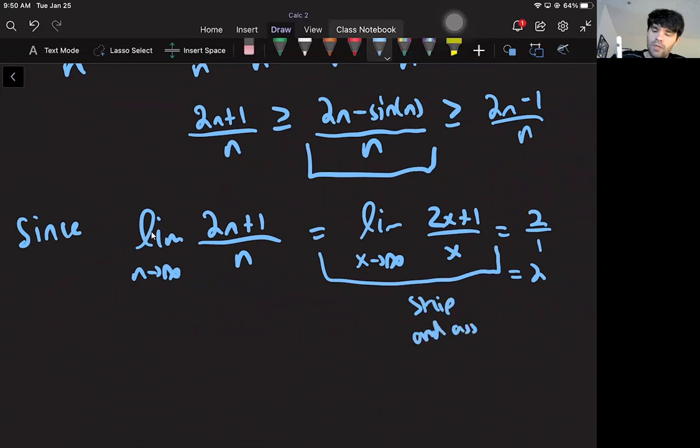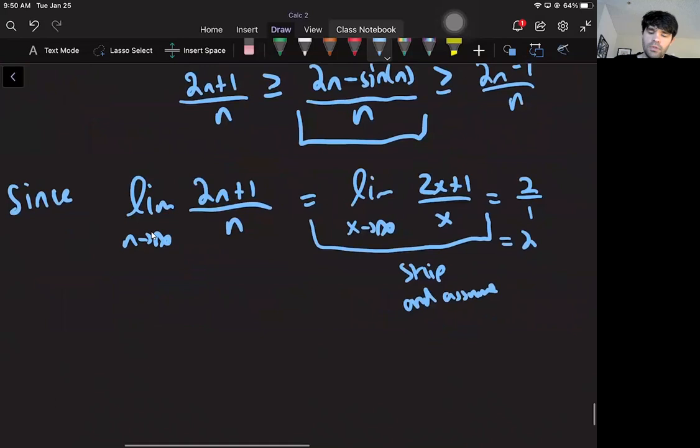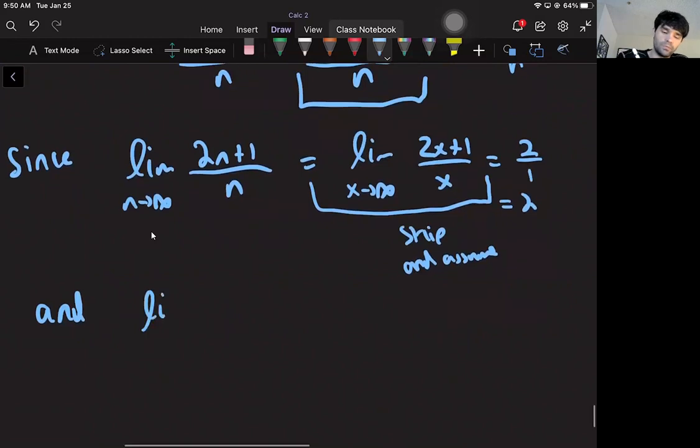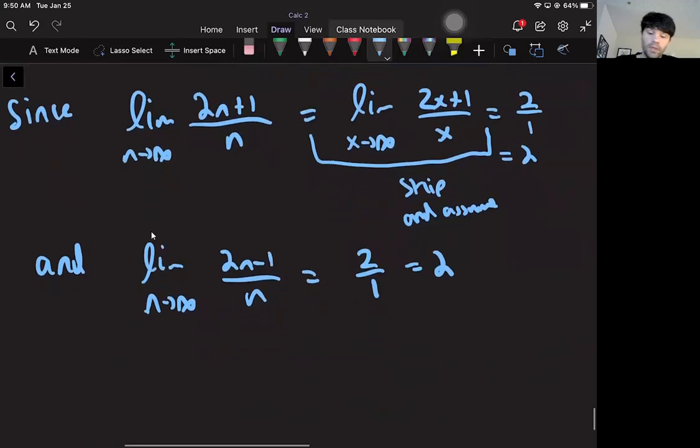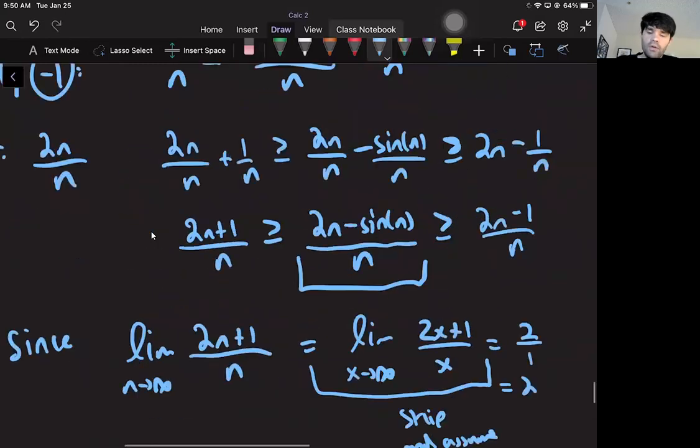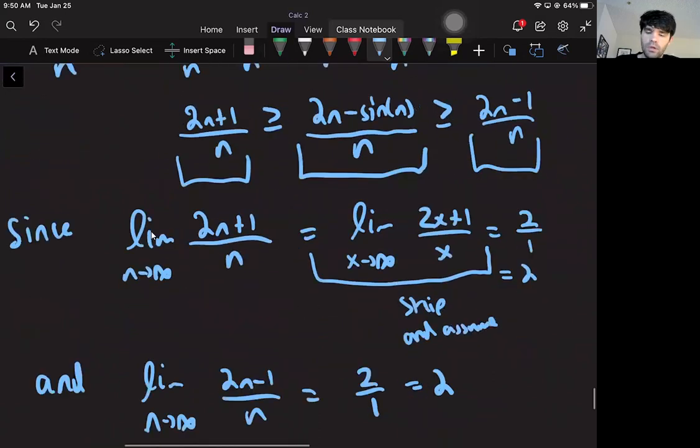And you just assume that everyone knows what's going on. So you just implicitly do that. Okay, so that limit is 2 on the left. This will be 2 as well for the exact same reason. So the two outer ones go to 2. That means the middle one also does as well.